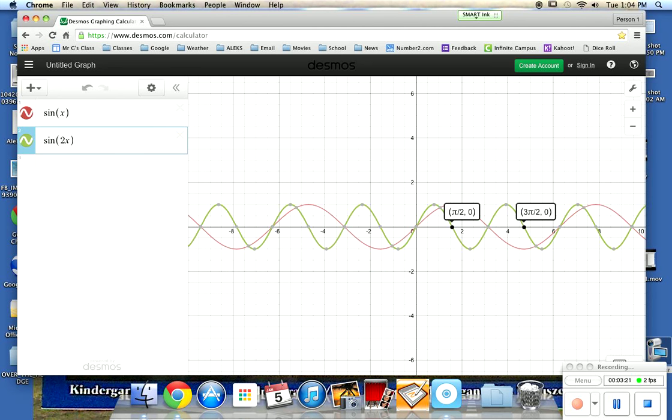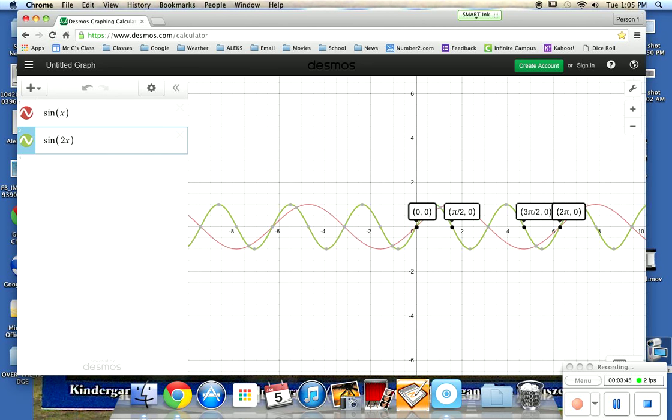From 0 out to 2 pi on a regular sine, that's one period. It's made its whole sine wave.